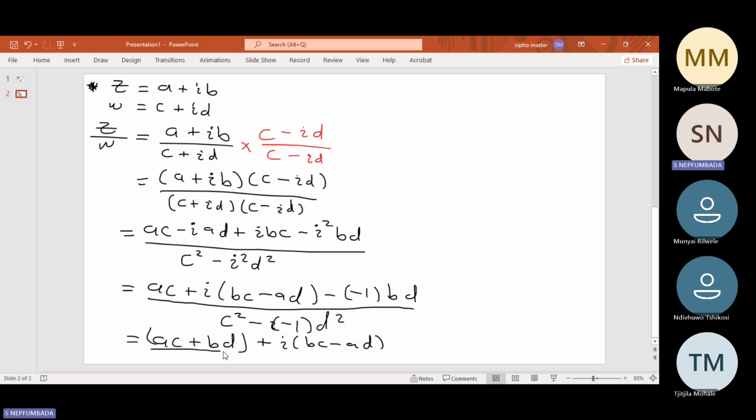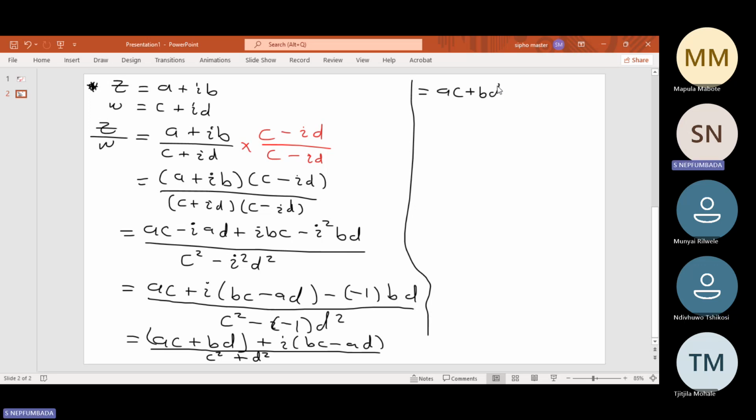Then divided by the denominator. The denominator is going to divide each and every value on the numerator, so that we are left with a complex number in the form z equals a plus ib.